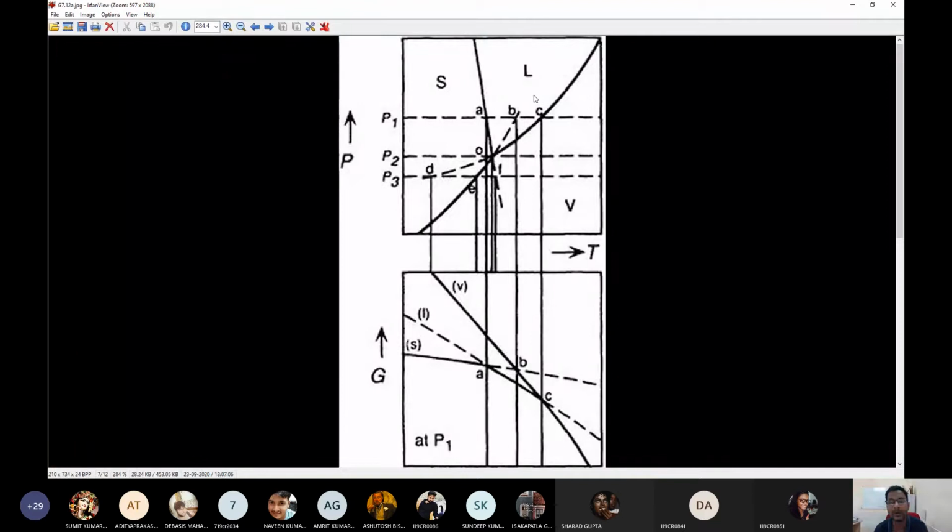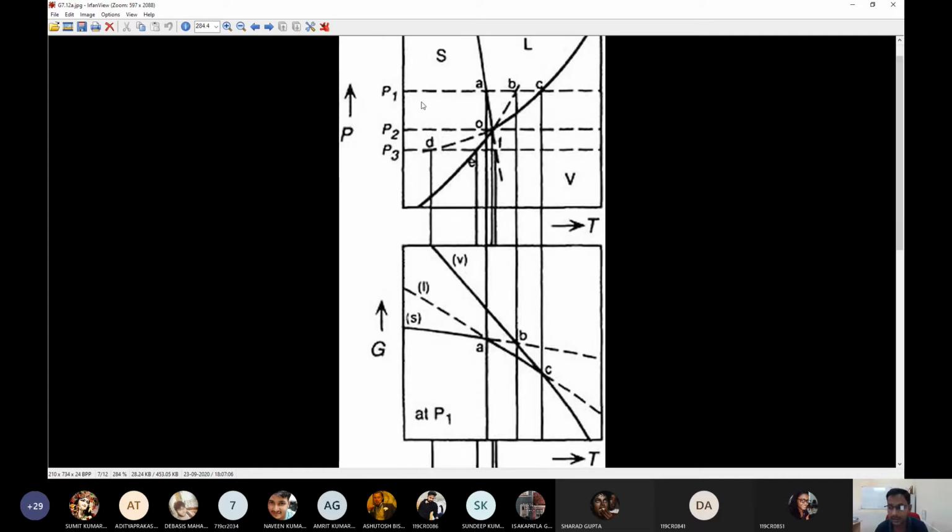All right, so this is the point B, and I draw a vertical here to denote the point B on the temperature line, which is TB. All right, now from here to here, I need that the solid phase free energy has got to be the minimum. So I draw the free energy curve of the solid phase, which is this.